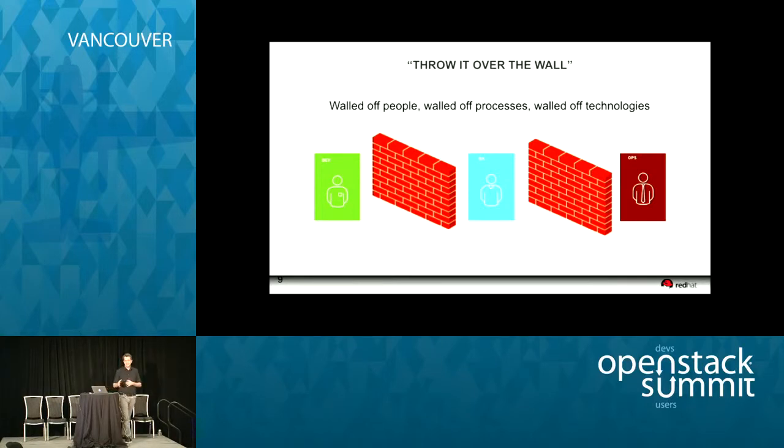The dev, test, and operations folks are all operating in silos. There's a lack of automation and standards. Each group has its own set of tools, own language, and they're reinventing the wheel. This is very inefficient, and it slows down the business. Right? And so ultimately, software quality and uptime suffer.